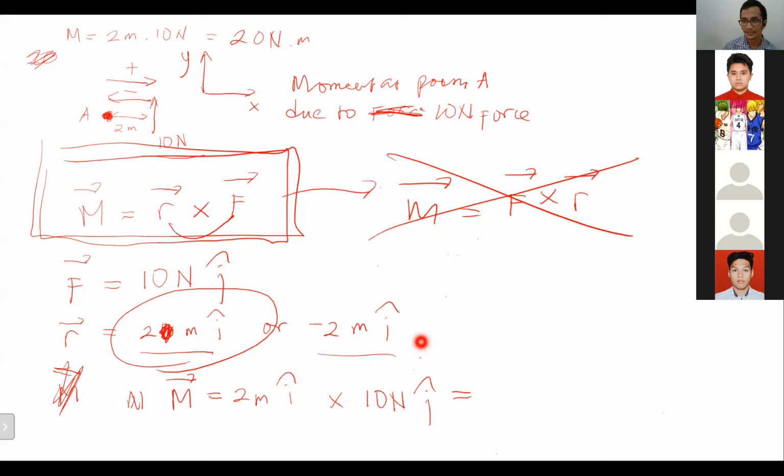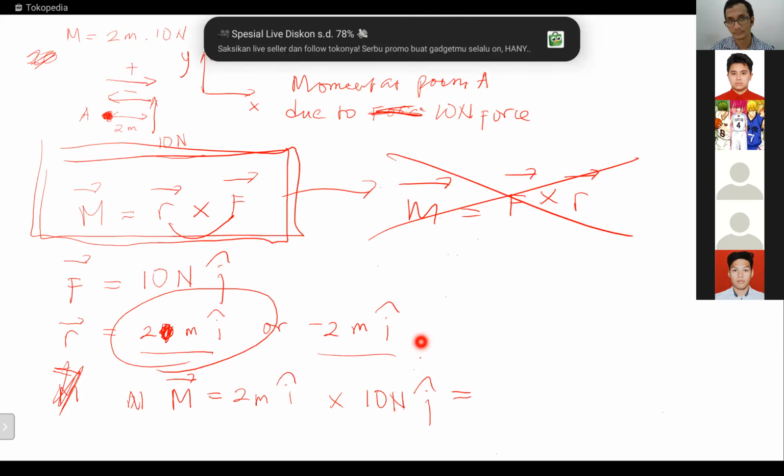Hi guys, I'm asking you. 20 Newton meters, and what is the direction? We are talking about cross product. Cross product is a vector multiplied by a vector, and the result will be a vector.